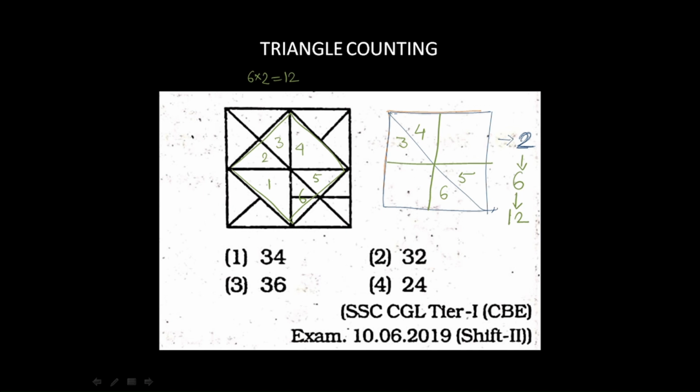Now this is not actually 12, it's actually 12 plus 6. It will be 12 plus 6, 18. Clear? 18, this is 19, this is 20. 20 you have got already.